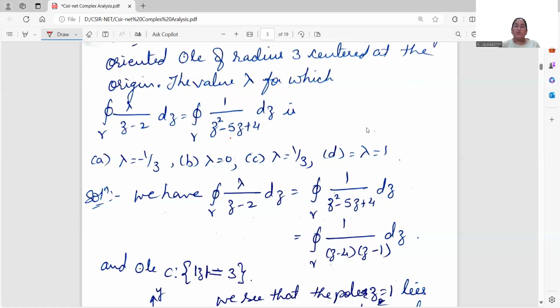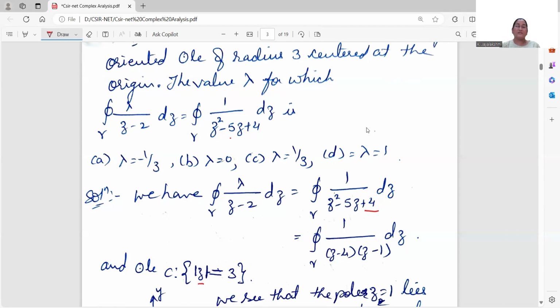We have to factorize the denominator, and upon factorization we obtain the integral over gamma of 1/((z minus 4)(z minus 1)) dz.